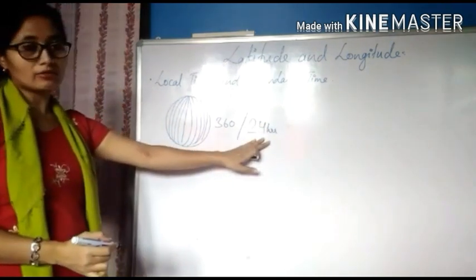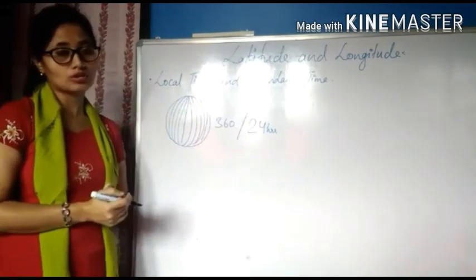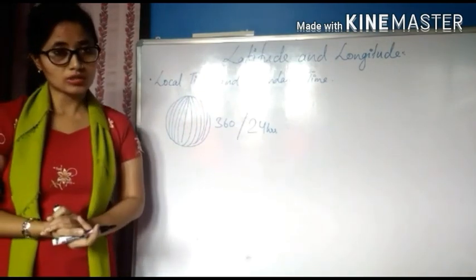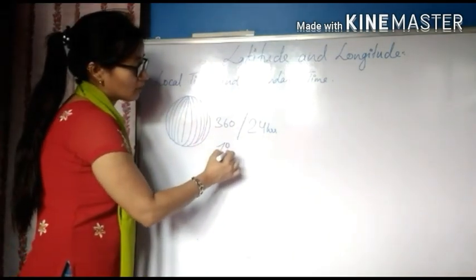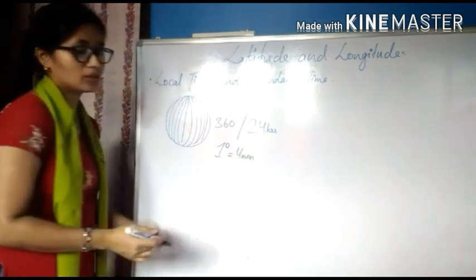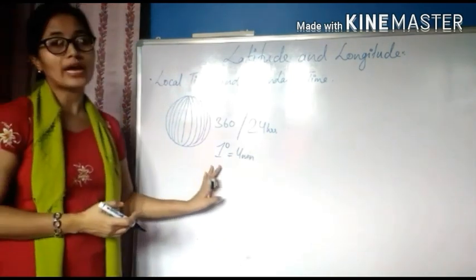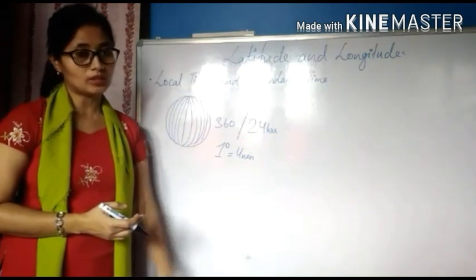So in 24 hours, the sun appears to move across all the lines of longitude. Or we can also say the sun appears to move 1 degree of longitude in how many minutes? 4 minutes. The sun appears to move 1 degree of longitude after every 4 minutes.